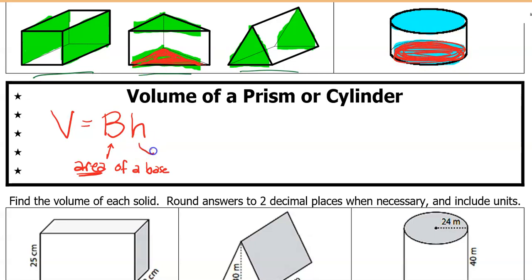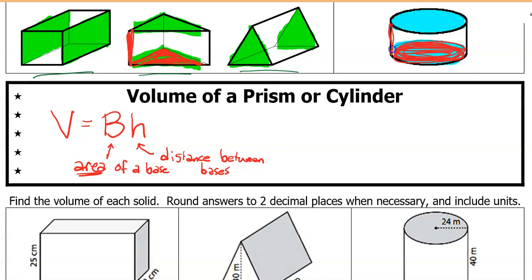And then the height of a prism, if you always call it the height, it can get a little confusing because it doesn't always have to go up and down. So instead of calling it the height, it really means that it's the distance between the bases. So for my two examples above, for this one, the height would be vertical.